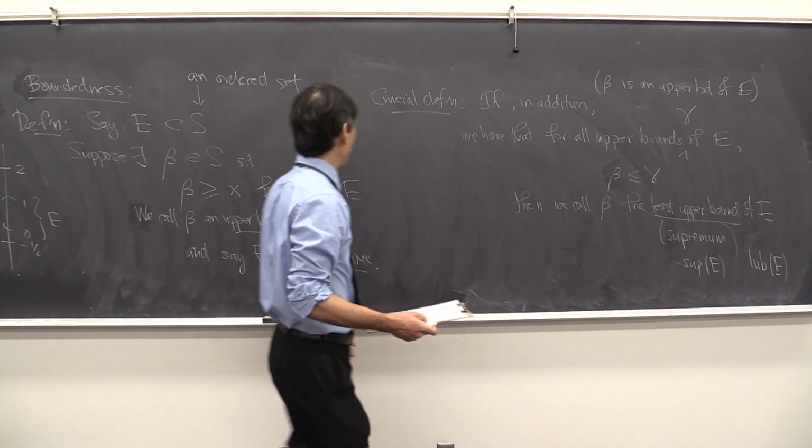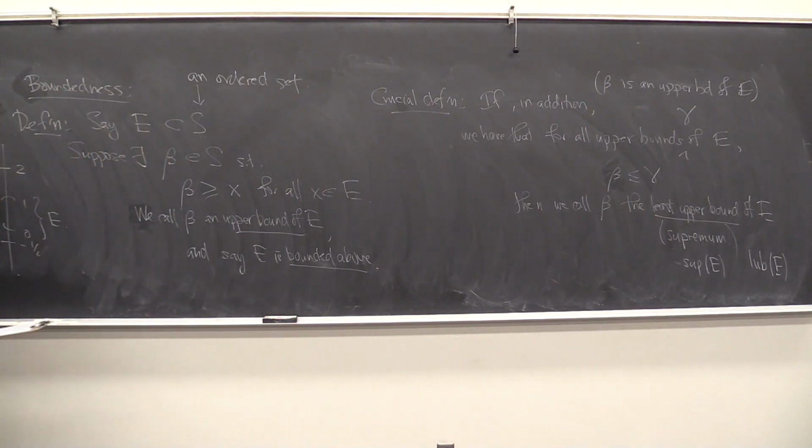Like if we're over here, 2 is not the least upper bound, right? Because 1.5 is an upper bound and it's less than 2. For this set here, the value 1 is an upper bound and it's the least upper bound.